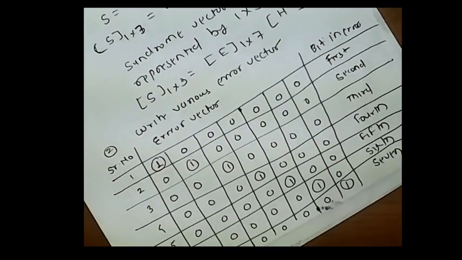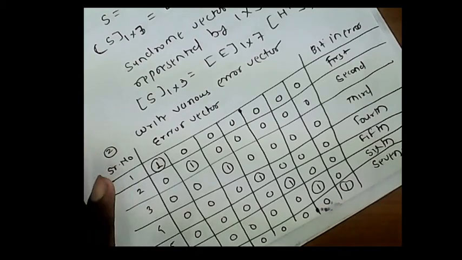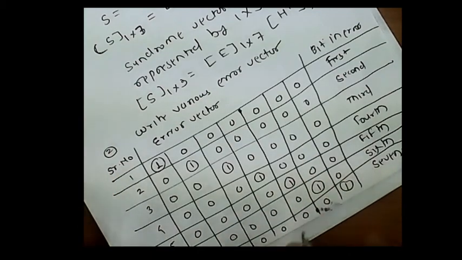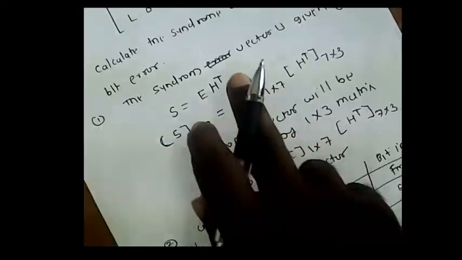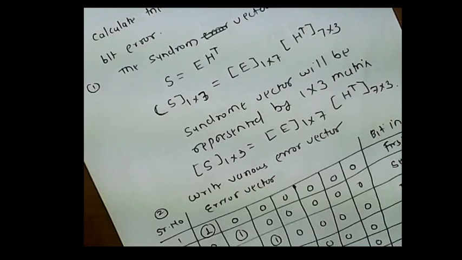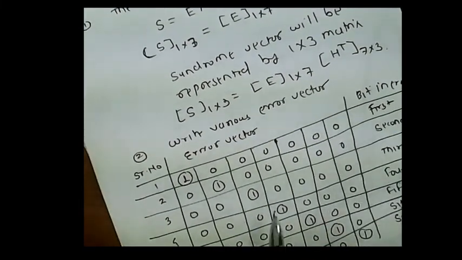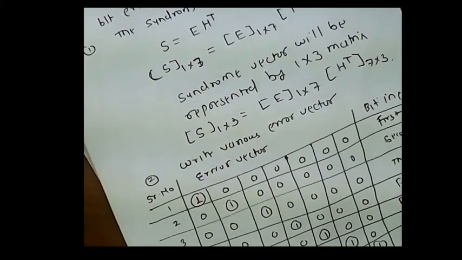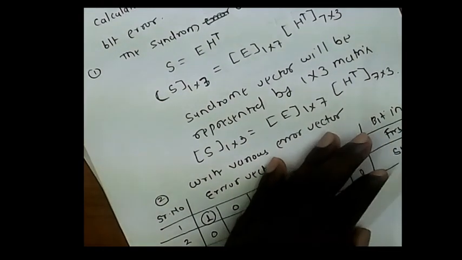So this is a single bit error. Why do we draw this table of 7 error vectors? Because a single bit error is mentioned, so it is possible in 7 different positions in the given code vector. The code vector is of dimension 1 by 7, as mentioned in the numerical example.